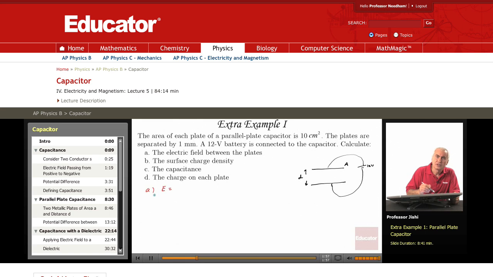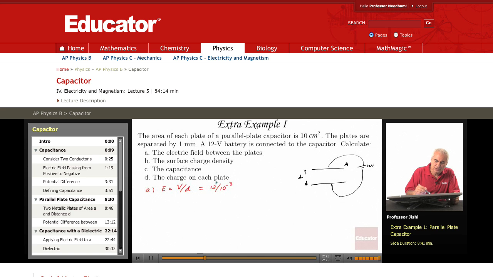is just the voltage difference, the potential difference, divided by the separation, the distance between the plates. This is 12 volts divided by the separation, which is 1 millimeter. That is 10 to the minus 3 meters.